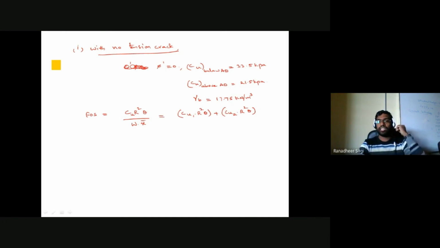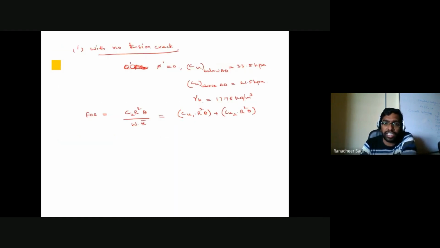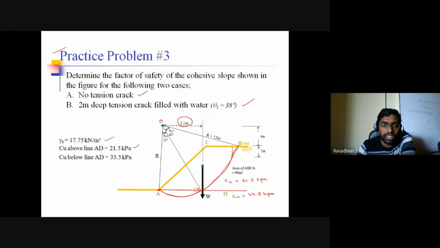In case the radius of the failure surface, I repeat, for the failure plane defined from point A to D dash is different, and from D dash to B the radius of the failure surface is different, then my expression should be written accordingly as Cu1 into R1 square into, this is theta 1, should I write it as theta 1? What was the notation here? Okay.